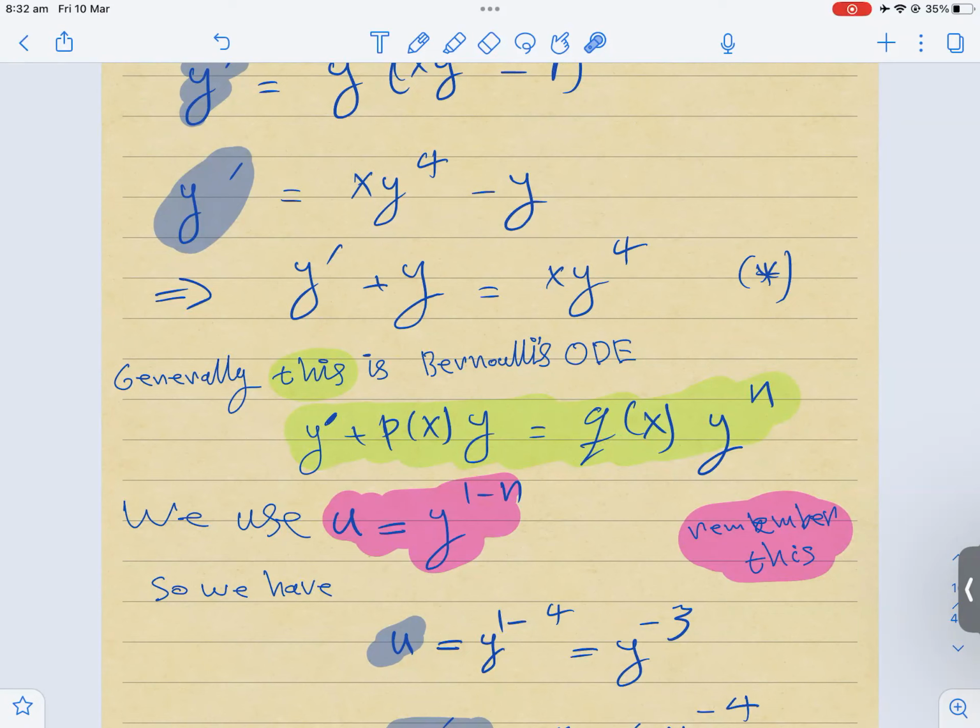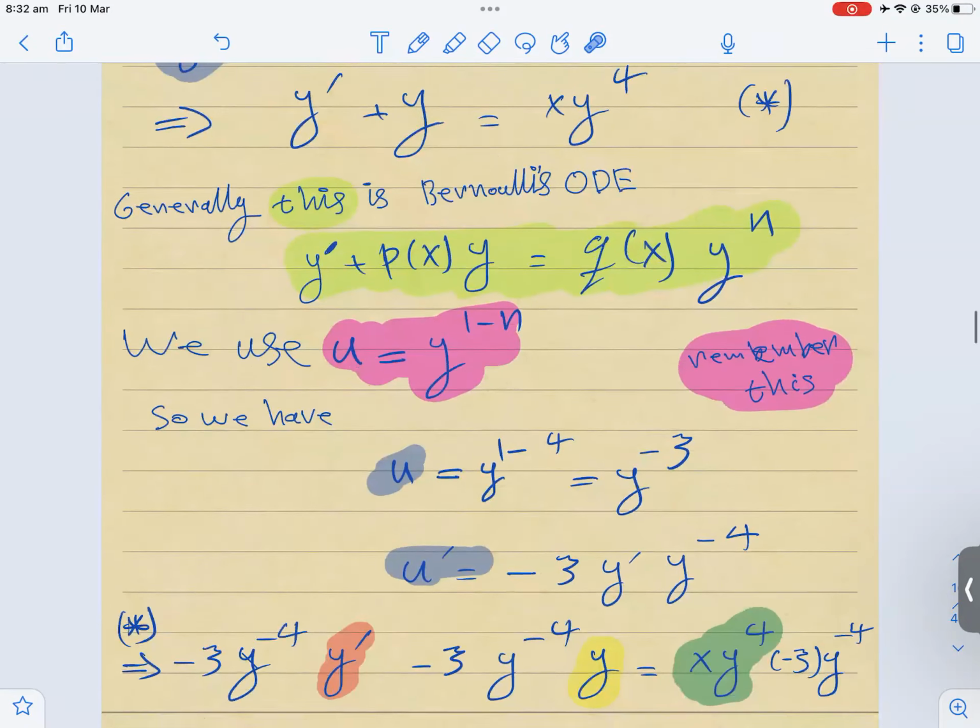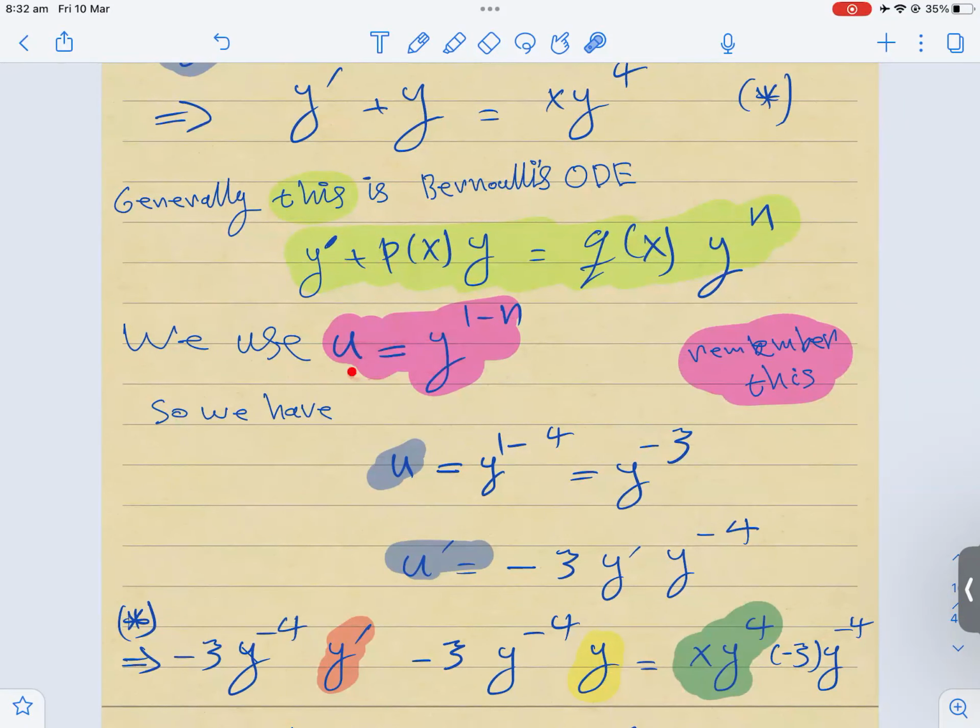You don't have to think too much. You don't have to memorize anything else because you know first order ODEs and how to solve them. And taking derivatives is also your skill. So by just memorizing this, what we do is this substitution.